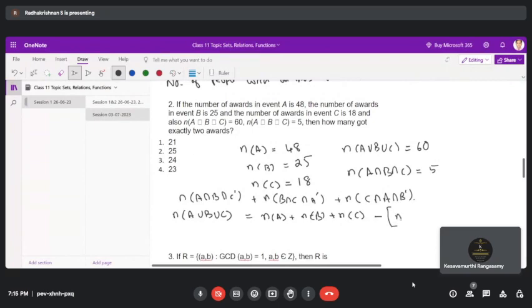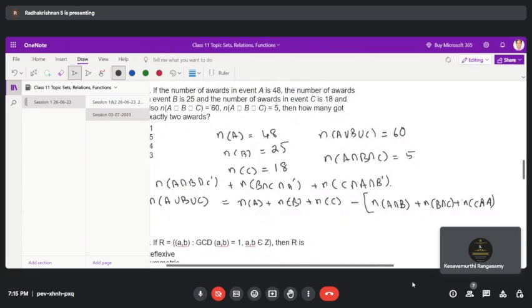Minus N of A intersection B. All combinations of 2 sets you should subtract, and then put plus all 3.